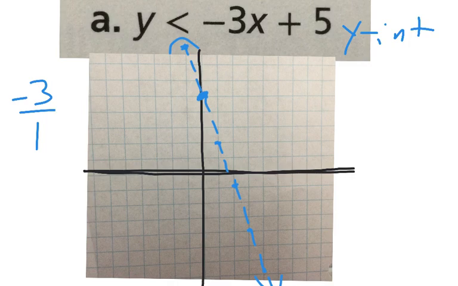So I'm going to shade everything on this side of my line. You can think of it as to the left. I always think about it as beneath the line, because I know this point's on the line, and I think of the y's beneath it. And that also helps me with the less than. Which means we would be shading over here.